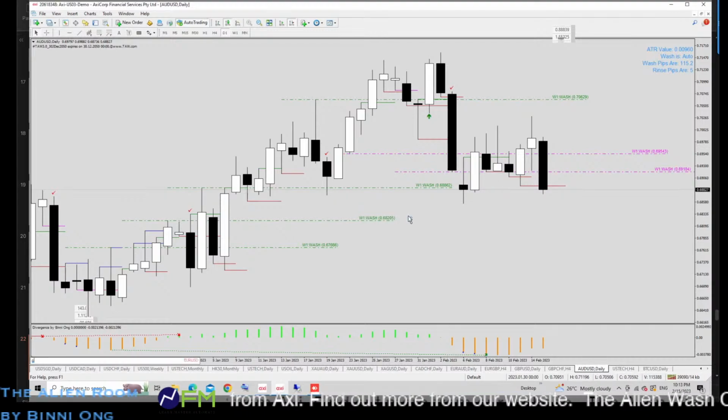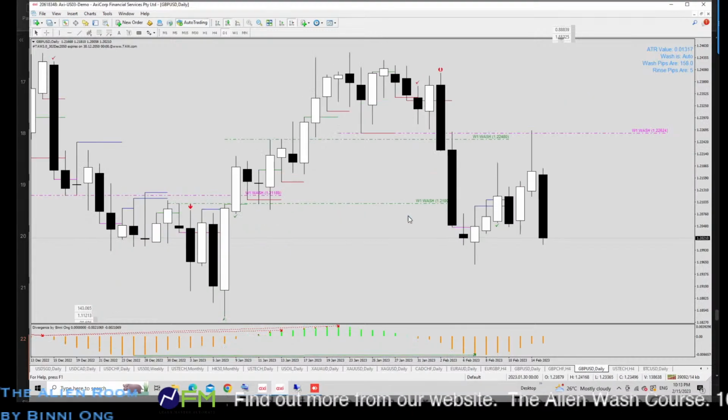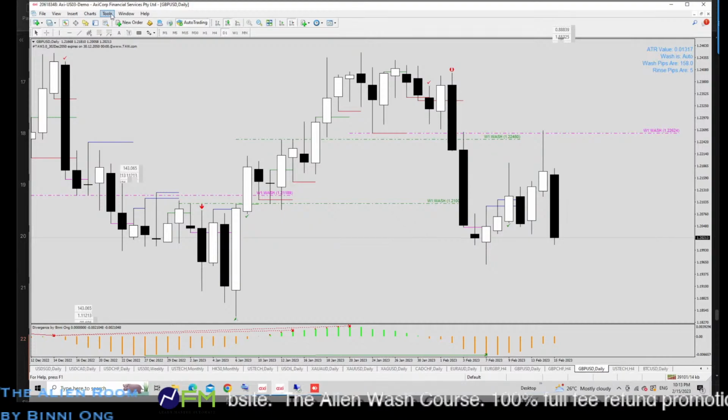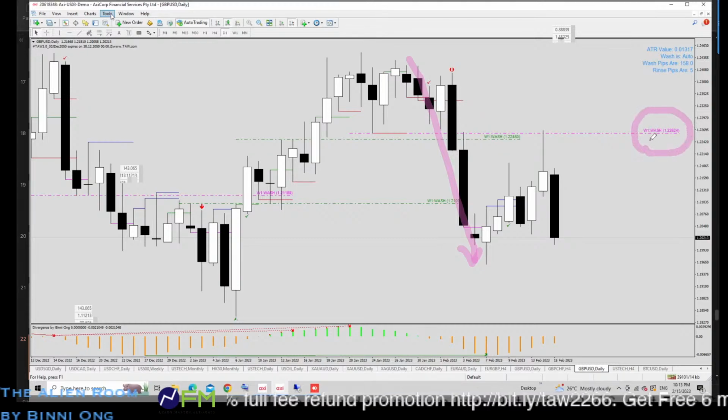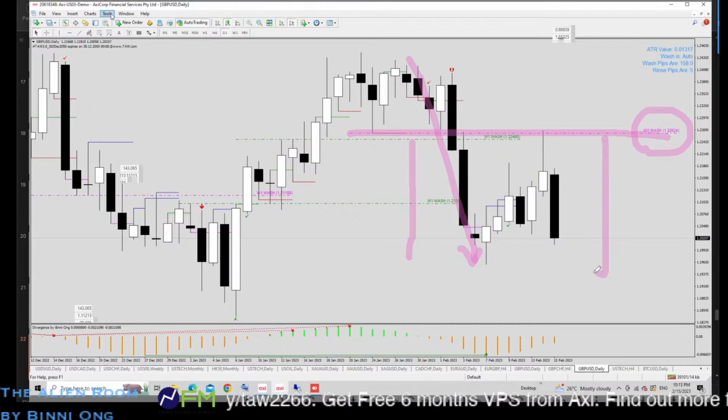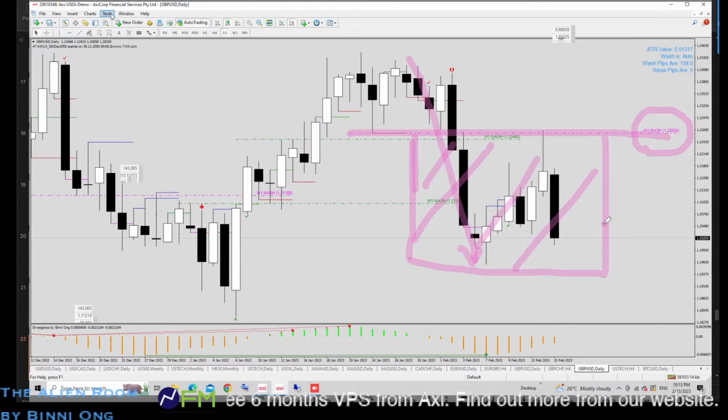I think by showing you, for example, pound dollar is a little bit more obvious. What happened to pound was that price moved down, and you see this wash line here, a magenta wash line. See this as a separator. Anything that's below it is going to be bearish.